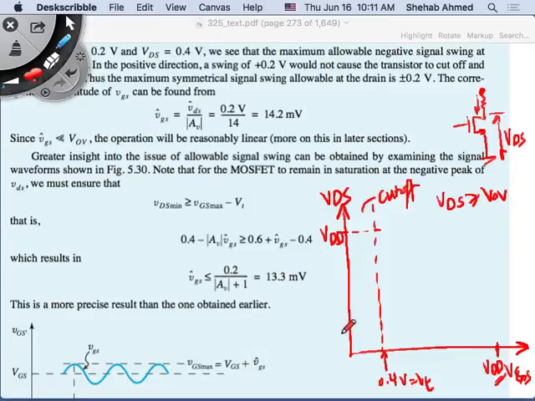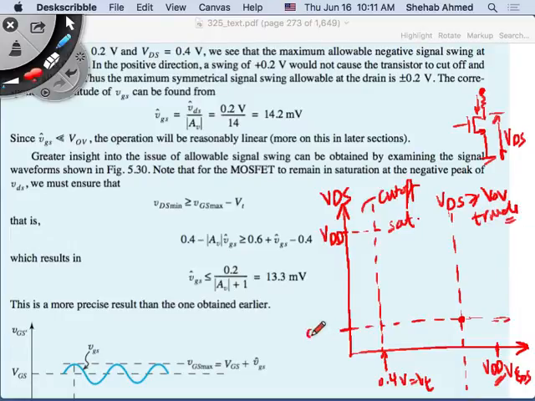So 0.2 is this point here, and this is going to define my limit, the point where my gate voltage intersects. This is going to define saturation here, and this is going to define triode.